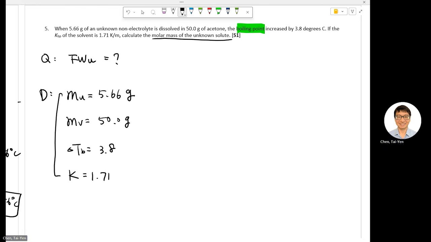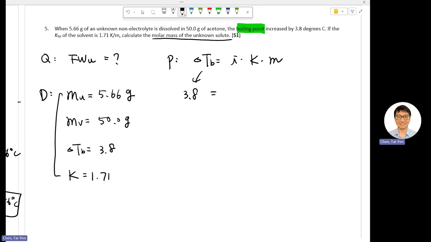Therefore, we can start, because we know the delta Tb is calculated from i times K times m. Do you have your delta Tb? Yes, the change of your boiling point is 3.8. Do you have your i?